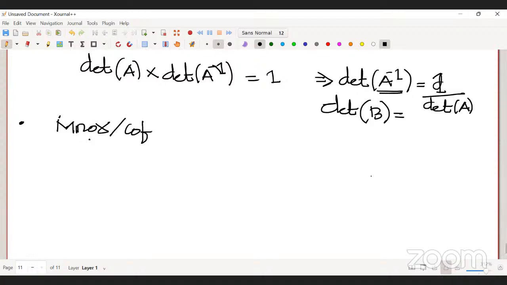Once you know how to compute the minor, the cofactor more or less comes free. So the only thing you need is to know how to compute the minor of a square matrix. The concept of minor and cofactor exists only for square matrices. For a non-square matrix, there is no such concept.